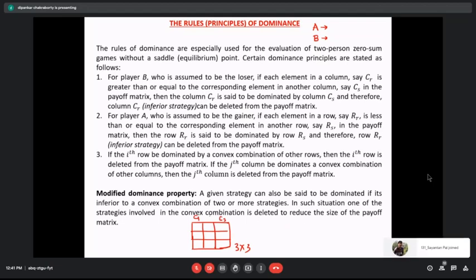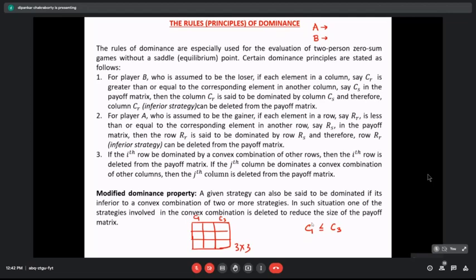As player B tries to minimize his loss, player B always tries to keep the minimum payoff in the payoff matrix, the minimum value. That means if C1 is less than or equal to C3, then for player B, C3 is not required. As player B tries to minimize his loss, he will always keep the column which has the minimum payoff.